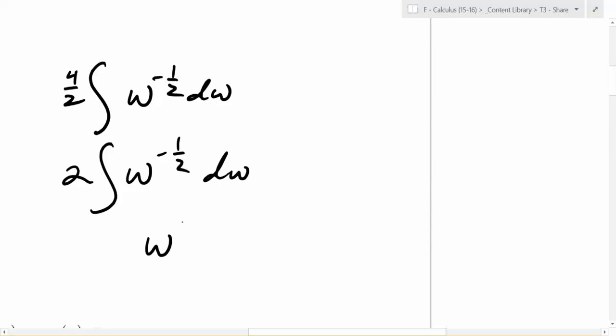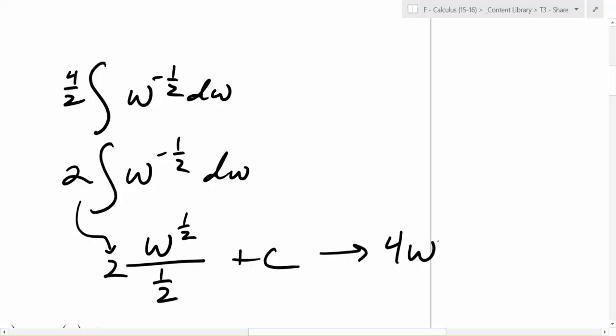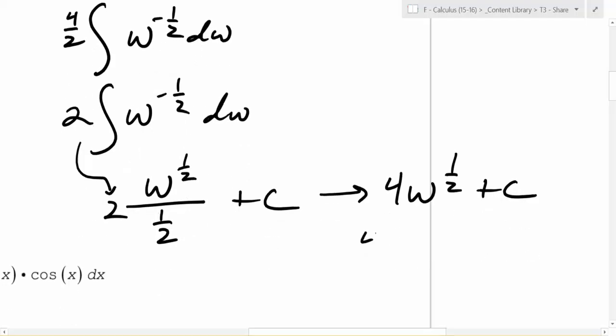What is 1 greater than negative 1/2? 1/2. So you plug that over 1/2, the 2 is still there, and it's plus c. So what's 2 divided by 1/2? 4. So you have 4w to the 1/2 plus c. You only substitute at the end. So it's 4 times 2x minus 8 to the 1/2 plus c.